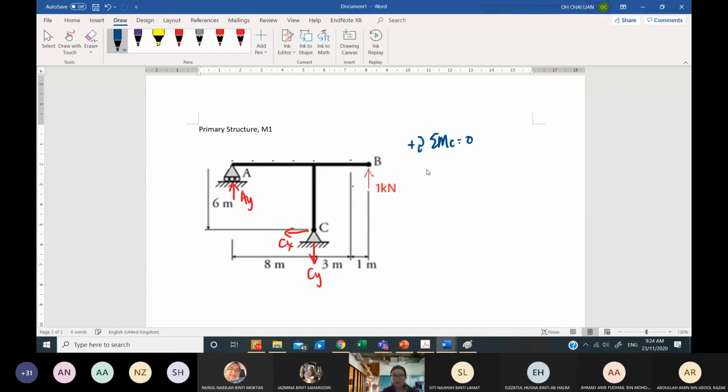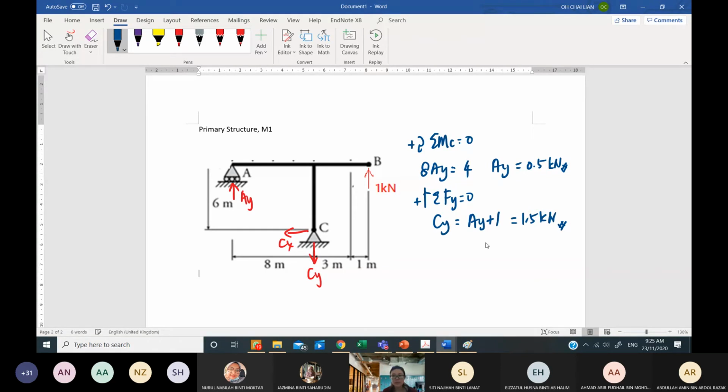Okay, so I have 8 AY equal to 4. So AY is half. Okay, so do you get your AY like this? Then summation FY equal to 0. So I have CY must be equal to my AY plus 1. So it will be 1.5 kilonewton.